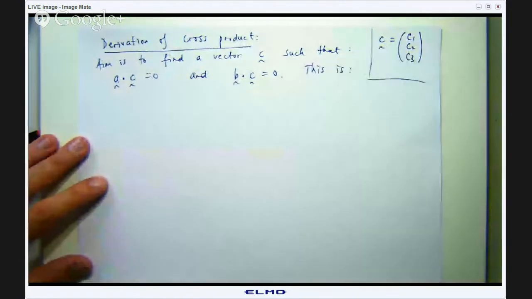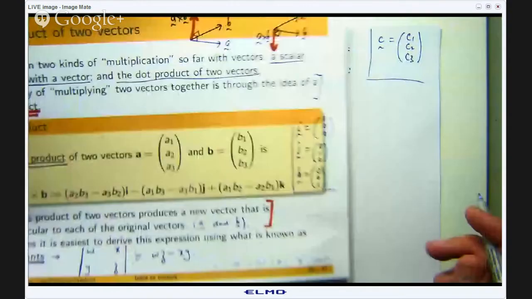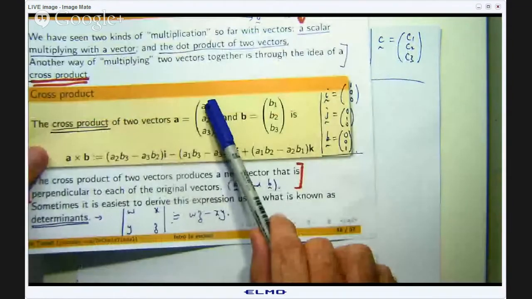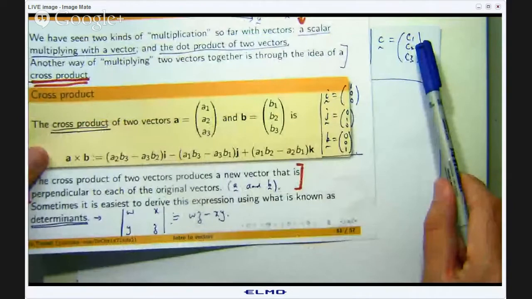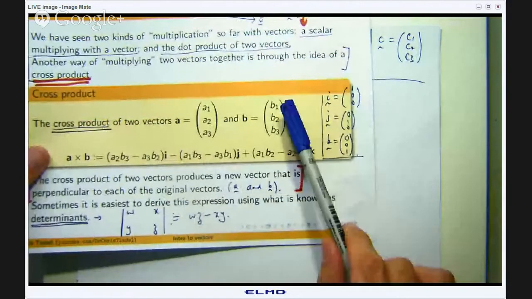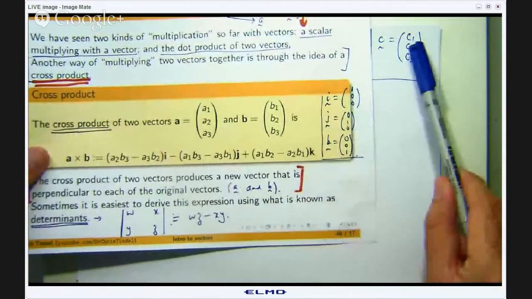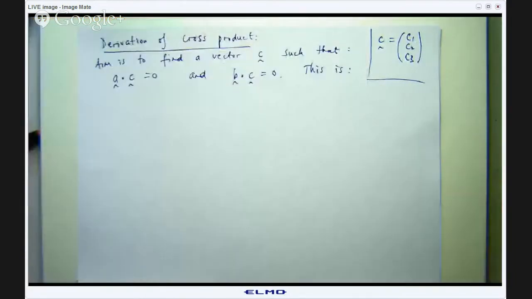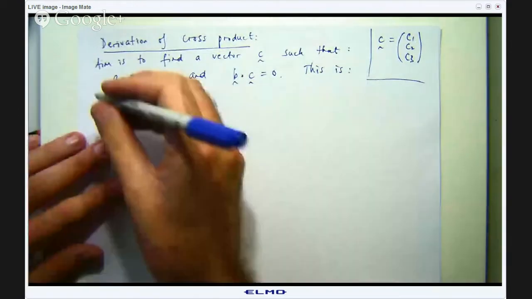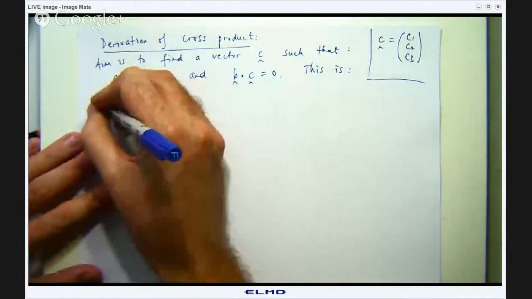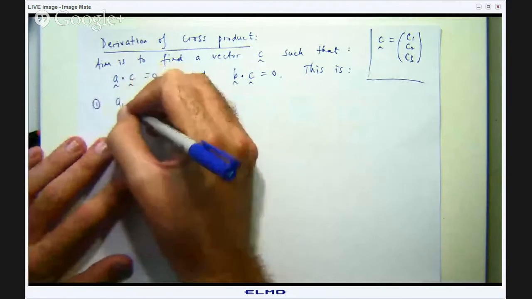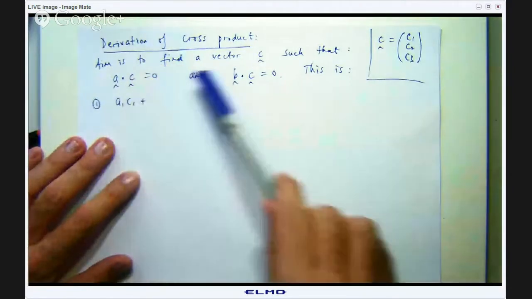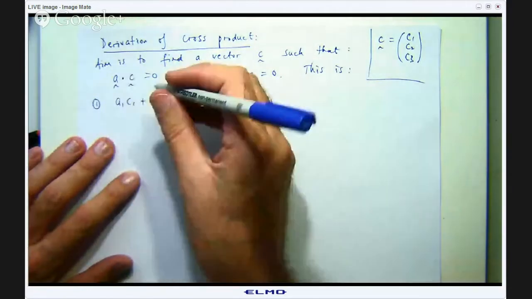Okay, so remember that the dot product of A with C is that times that plus that times that plus that times that, and the B dot C, that times that plus that times that plus that times that. So you multiply component wise and you add all the corresponding parts together. Okay, so I'm going to get two simultaneous equations out of this, these two conditions here, if you like.